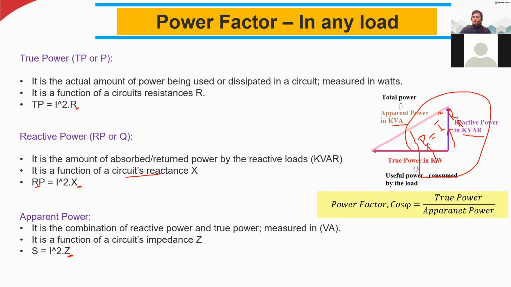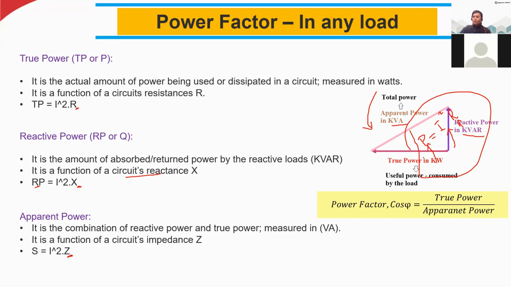So now this true power is the actual power consumed by the load, but this is the total power we are applying. But instead of using the entire power we apply, the load is using only some portion of the power, and some of it is wasted because of the reactance in the circuit.